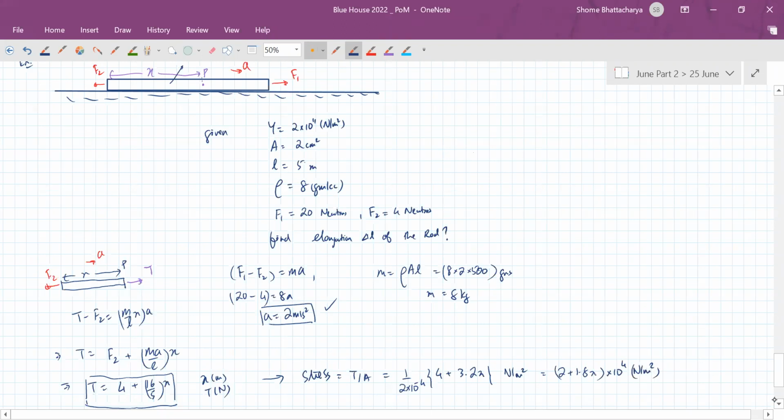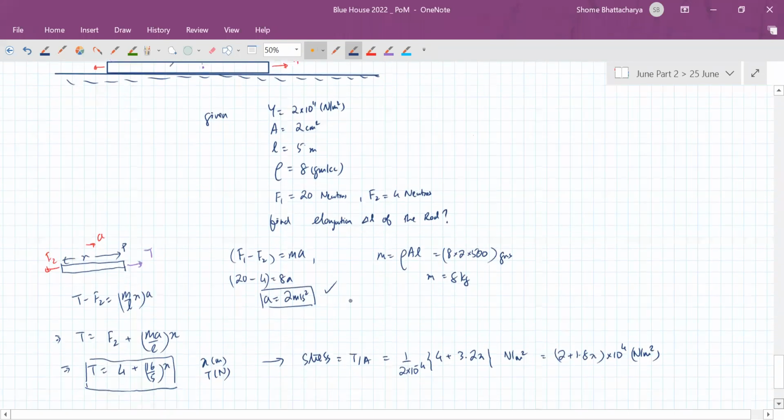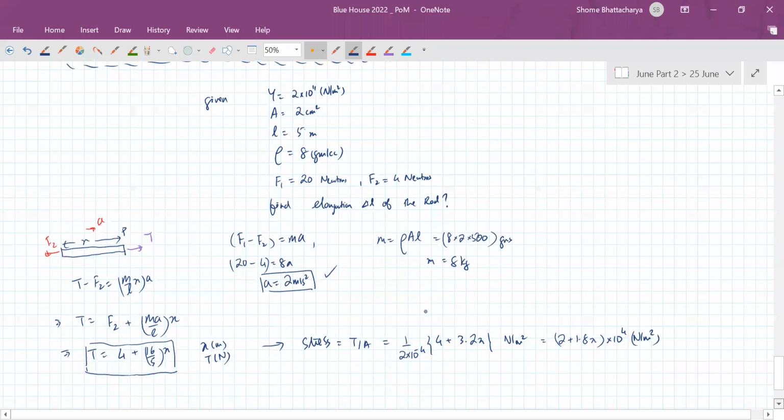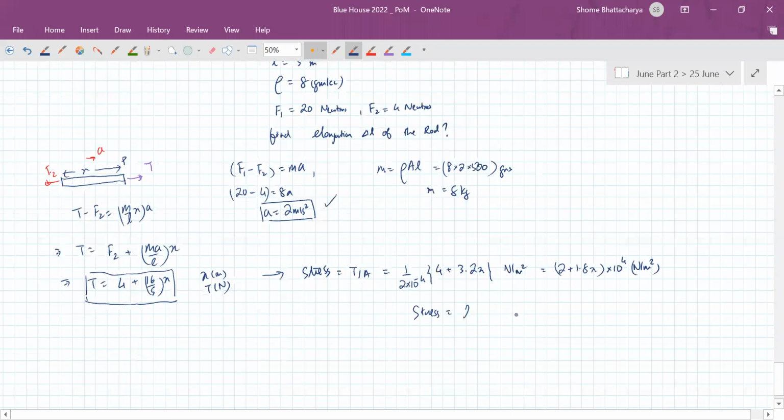Now since the stress is linear, you can use the trick that stress is a linear function of x. So therefore, average stress is the arithmetic mean of maximum and minimum.